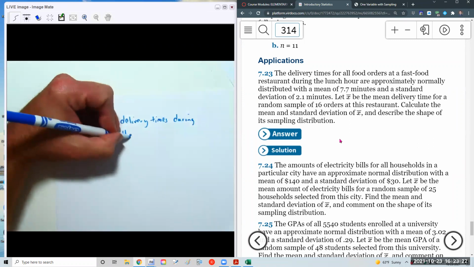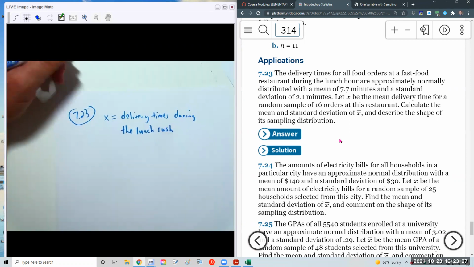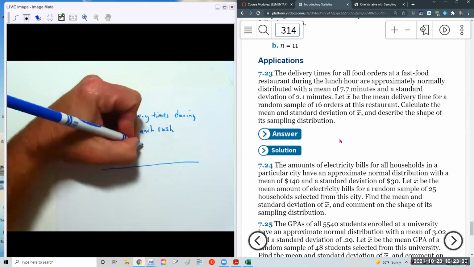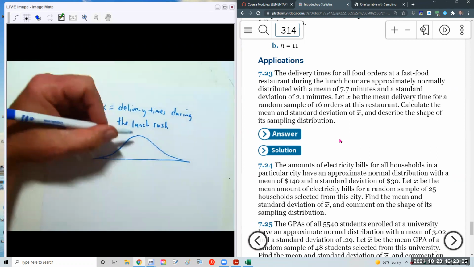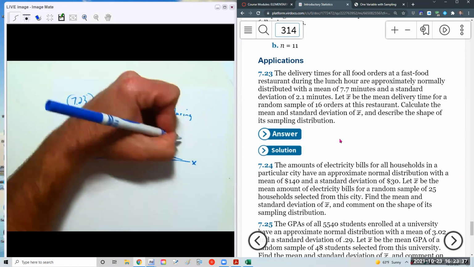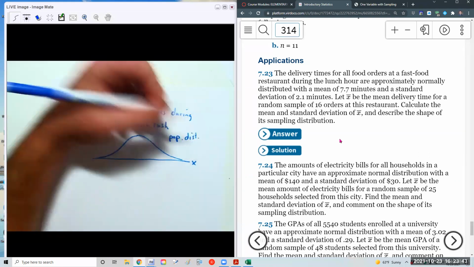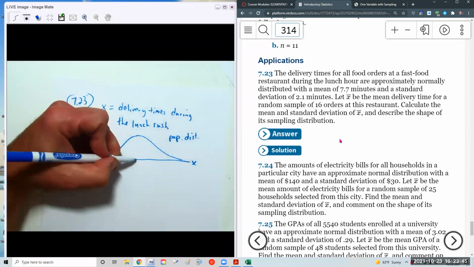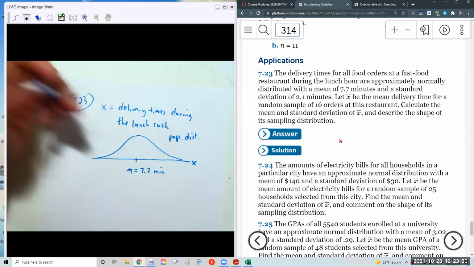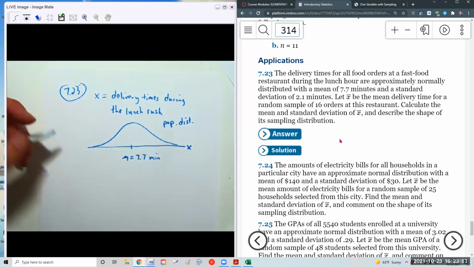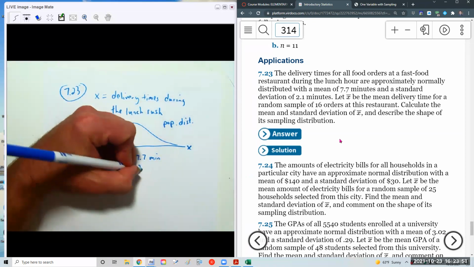So during the lunch rush. And they also told us that if you graph X, either the histogram or as a curve, either way, you're going to get a normally distributed graph. So the population distribution looks like a normal curve. And moreover, they told us that it's centered at mu equals 7.7 minutes. So the average delivery time was 7.7 minutes. That's pretty good. And they also told us that the standard deviation is 2.1 minutes.